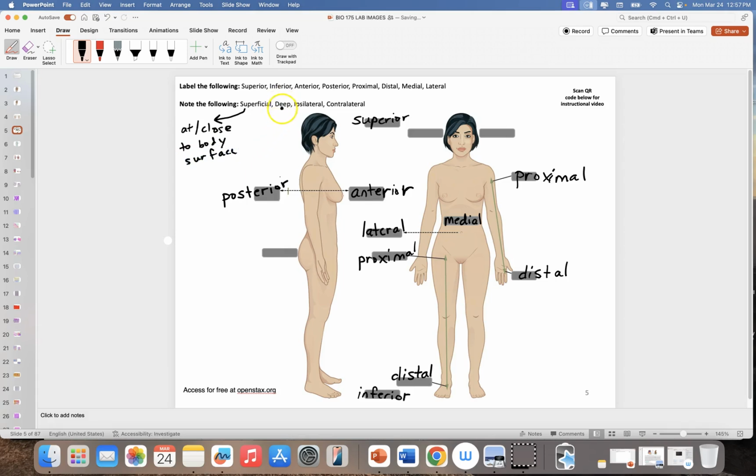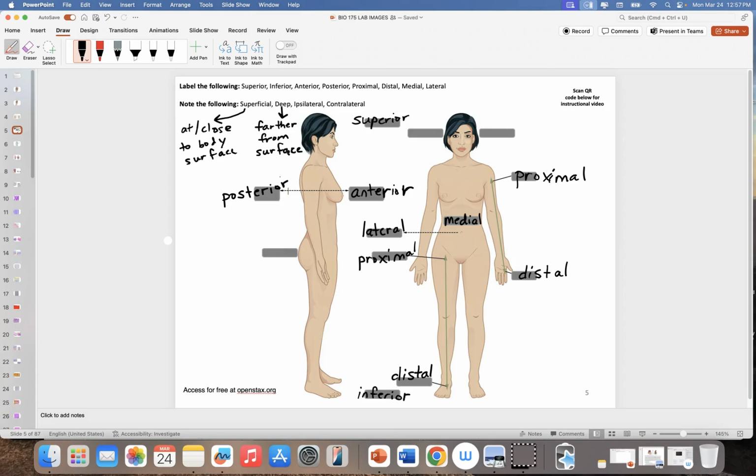And then if we have deep, that is going to be towards the interior of the body, farther away from body surface. Again, if we use this terminology in a sentence, the skin is superficial to the muscles. The muscles are deep to the skin.